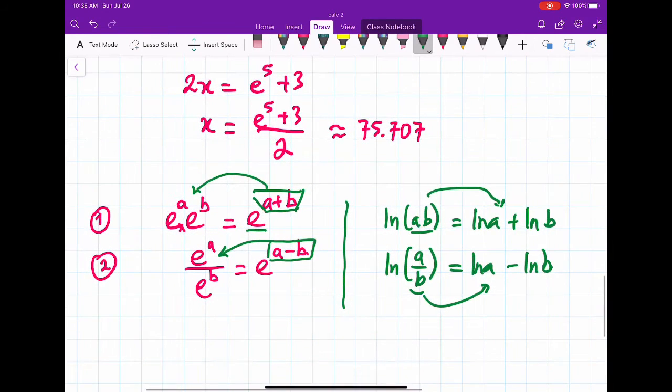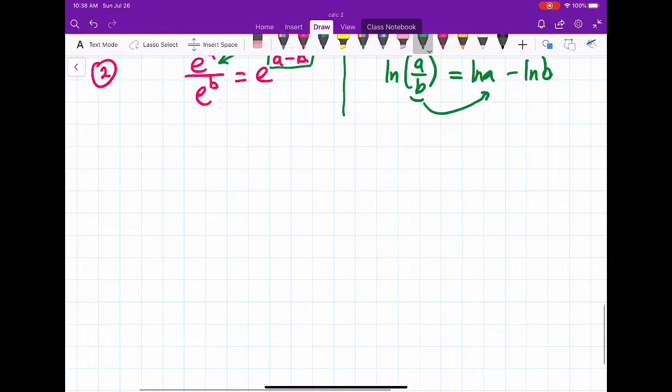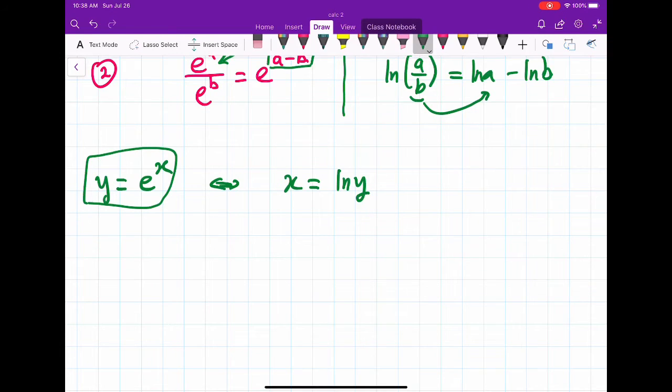All right. So we already know the function y equal to e to the x. We know this happens if and only if x equal to ln of y, because they are inverse of each other. And this function is the inverse of ln of x.